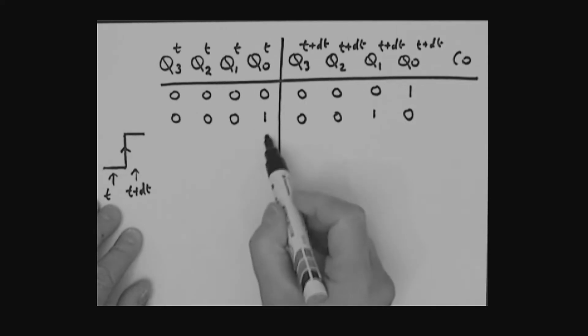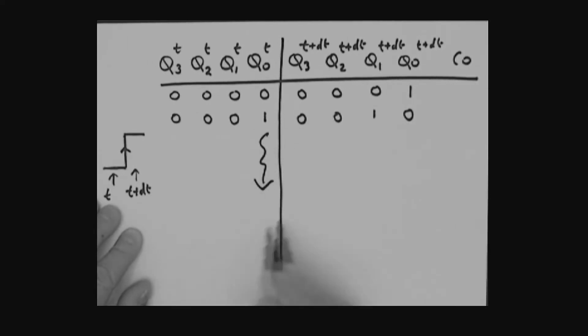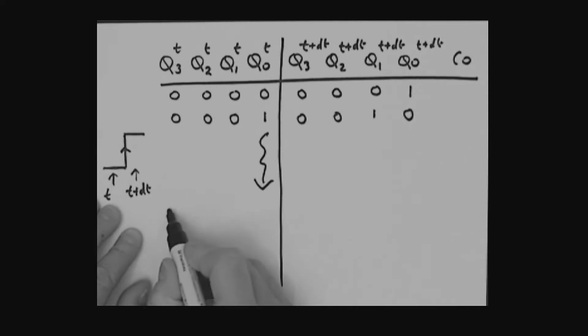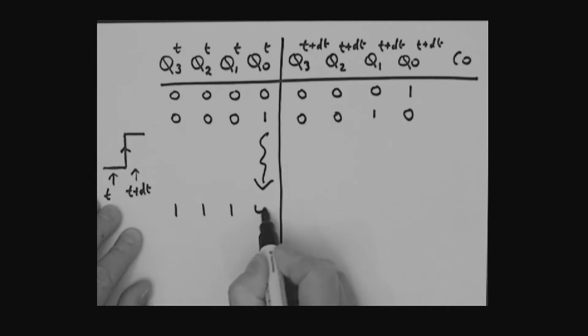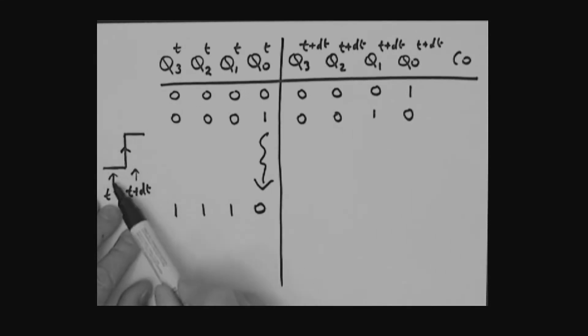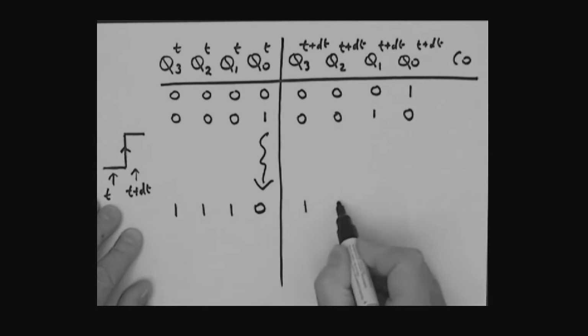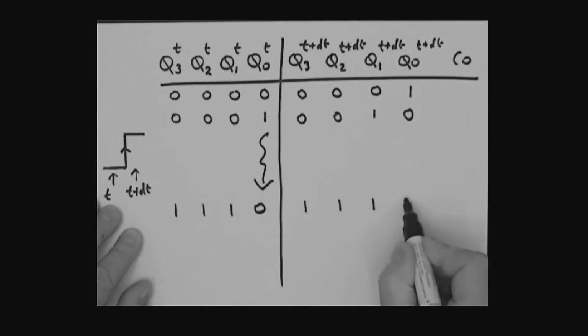So look, let's imagine that we've done some of that counting, and let's imagine now our counter has reached a value of 1, 1, 1, 0. Now that's the value before the clock edge. Here, before you get the clock. Clock comes along, there's the leading edge of the clock. What's going to happen to this? It's going to increment and become 1, 1, 1, 1.